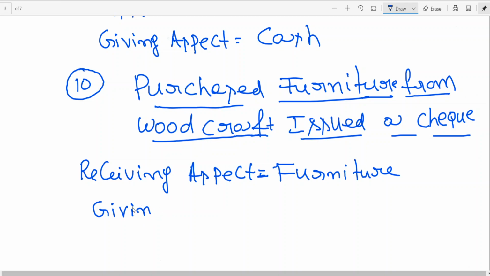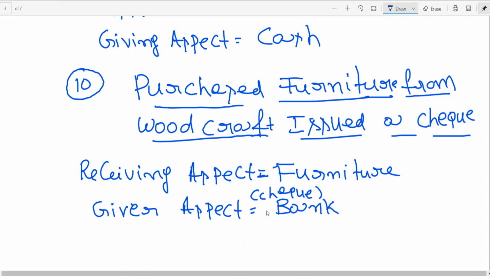Then giver aspect here. Giver aspect is check. Whenever you are issuing a check, who is giving the check? Who is making the payment? Bank. Are you following? Here I am writing check.